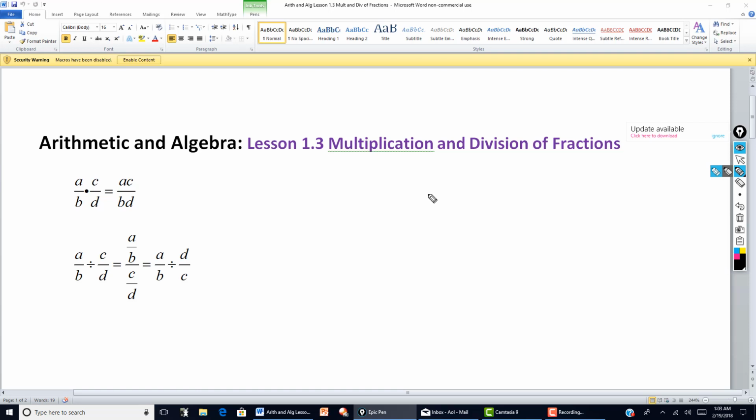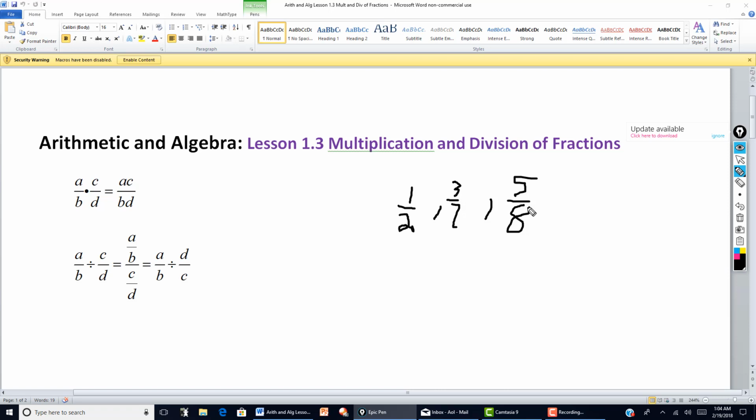Also want to point out that fractions such as 1/2, 3/7, 5/8, where the numerator is less than the denominator, are called proper fractions.